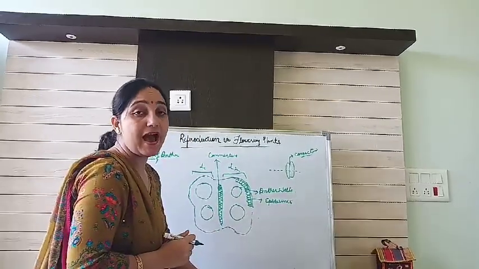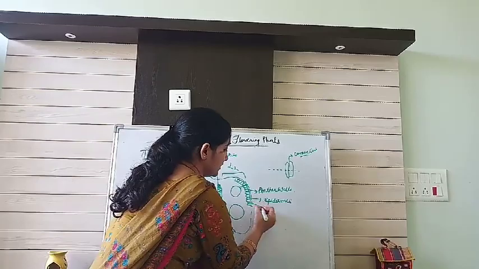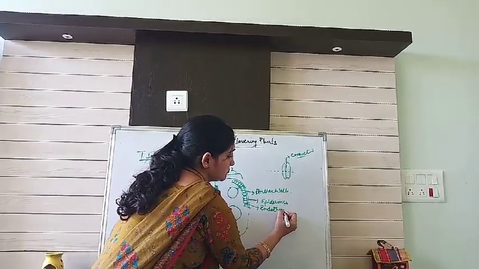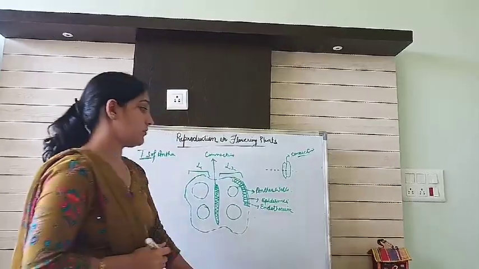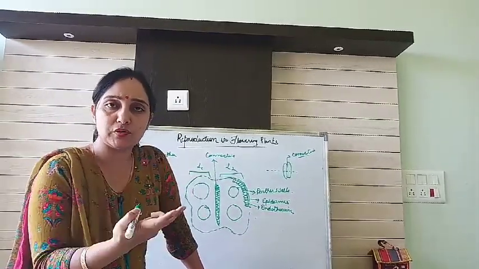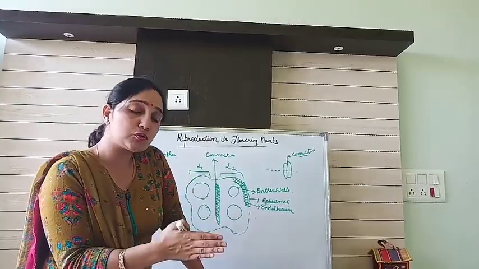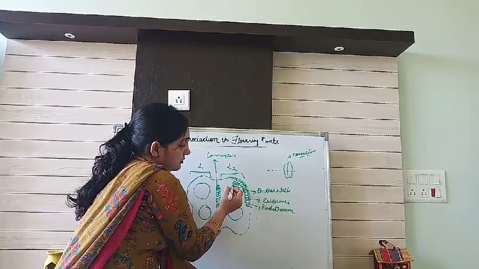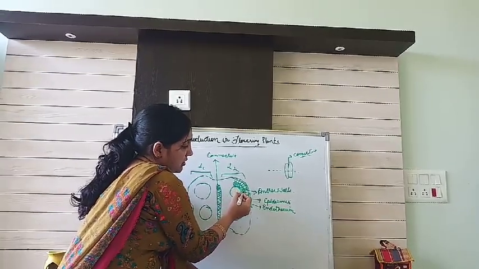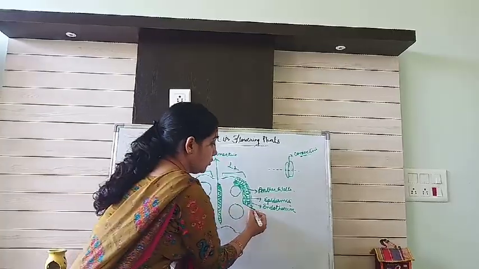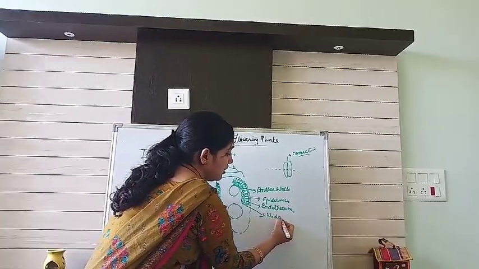This layer is called the endothecium. After the endothecium, sometimes we have 2, 3, or sometimes 4, so 2 to 4 layers of middle layers. We call them the middle layers.